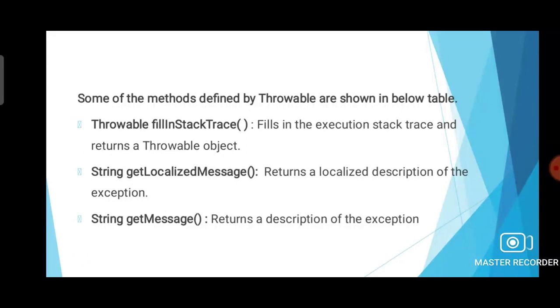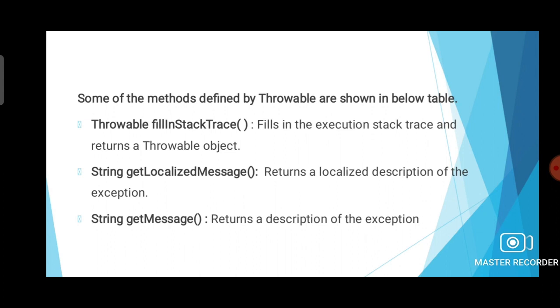Throwable fillInStackTrace: this method is used to fill up the stack trace during the execution, and it returns the Throwable object. String getLocalizedMessage: it returns a description about the exception.